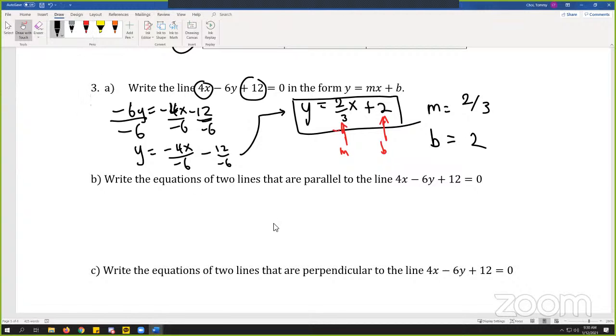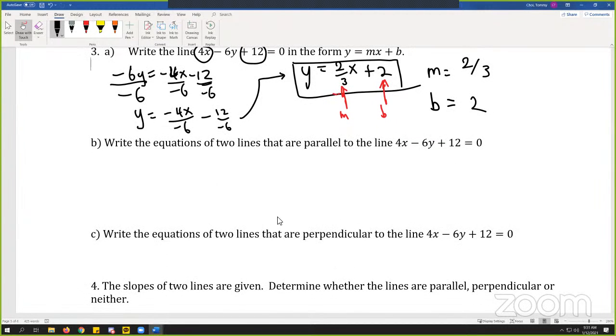All right, so question B and C basically use this. So it says, write two equations of two lines that are parallel to this. Well, we know that the slope is 2 over 3 now, right? From the previous part, we know that the slope is 2 over 3. So we can write any two equations. Let's do it this way.